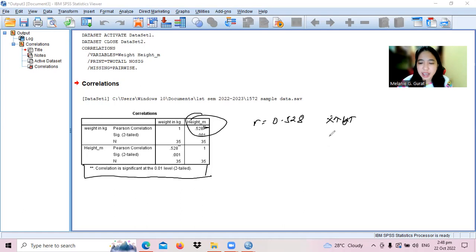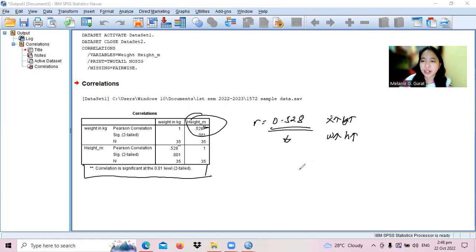In this case, the higher the weight, the taller the respondent is. Or the lower the weight, of course, the lesser the value of height. Okay, so here it's 0.528.